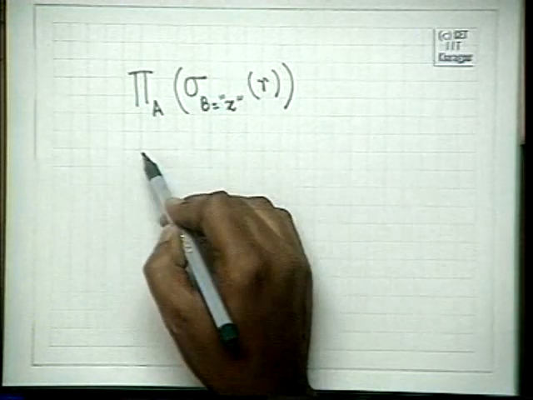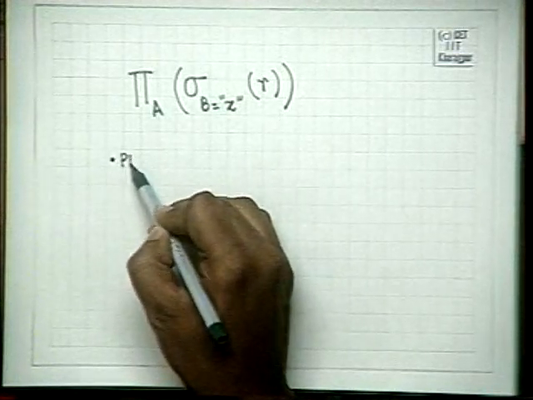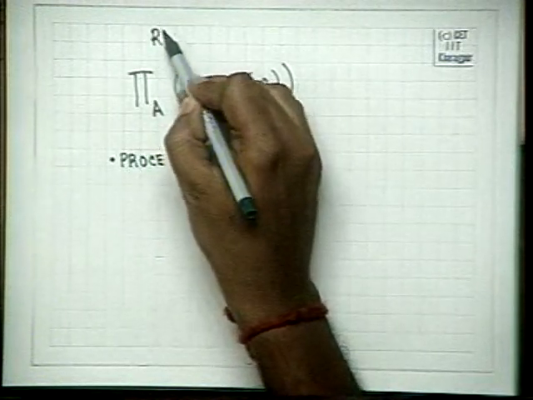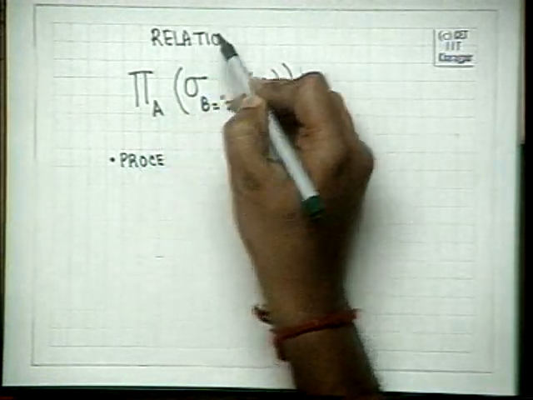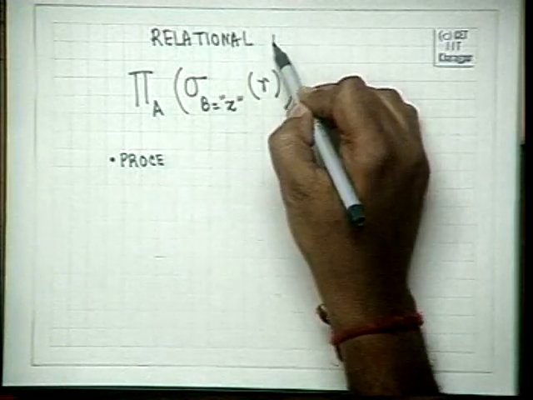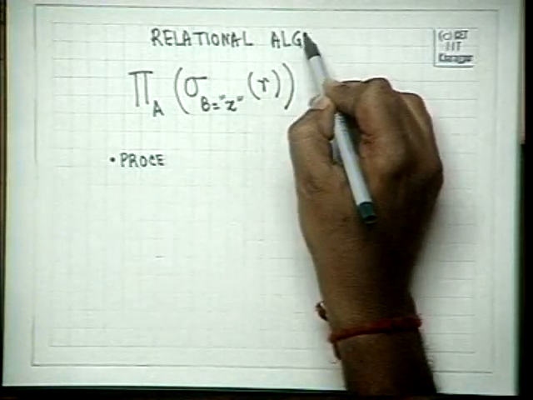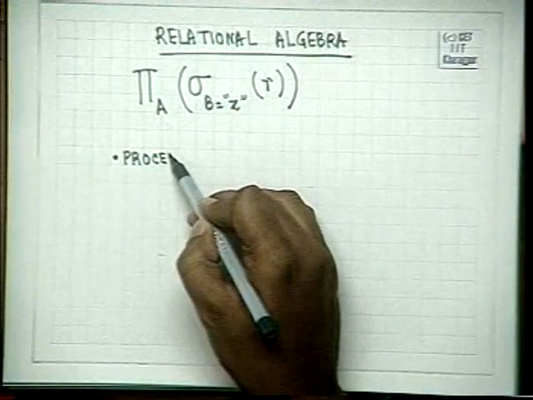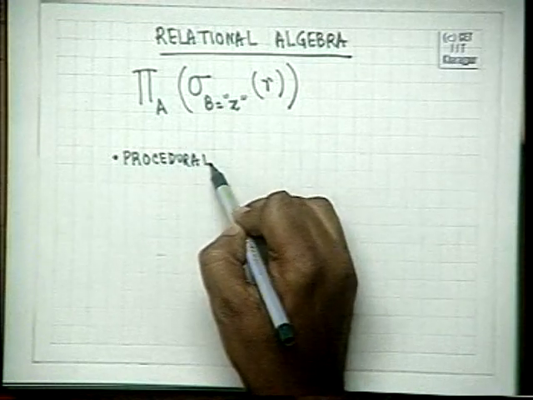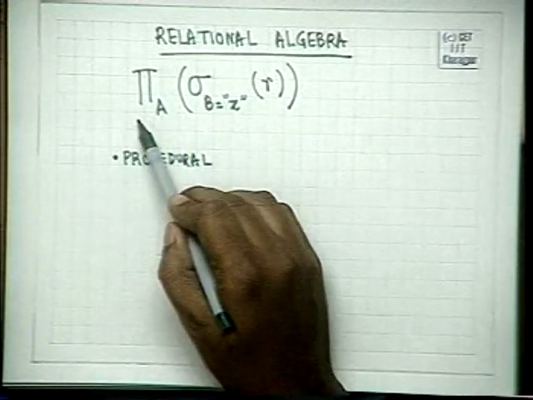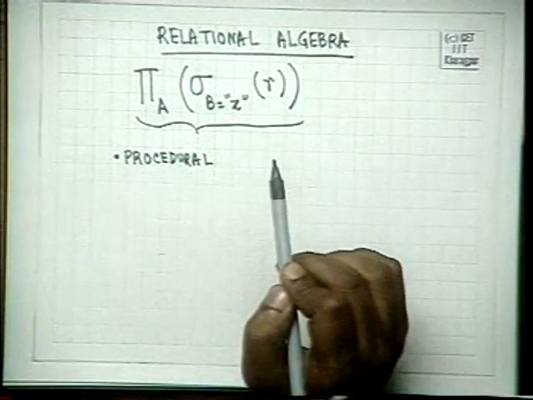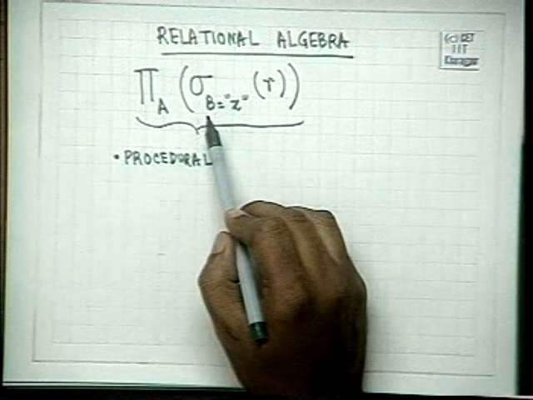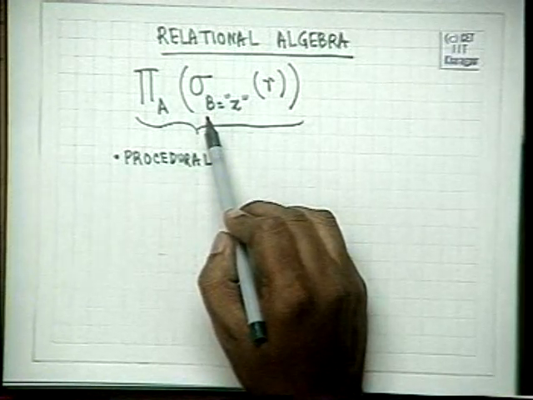Relational algebra has got the property that it is in some sense procedural in nature. You have to not only specify the relation which is to be obtained, but for that you have to specify exactly how you will obtain it.